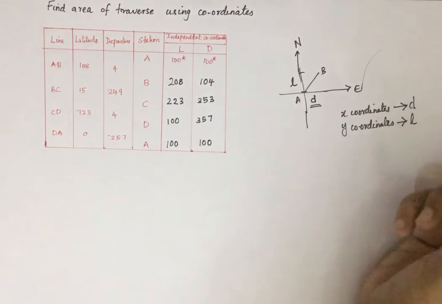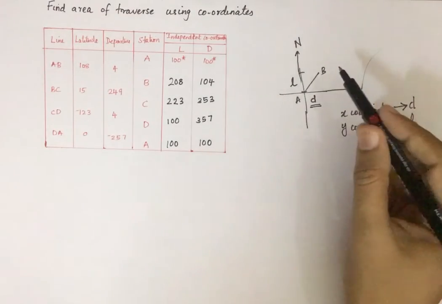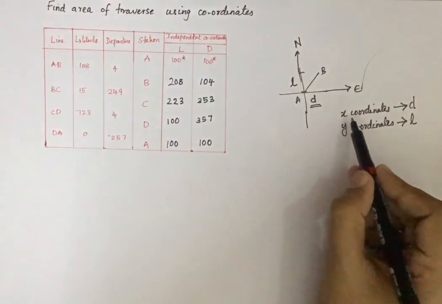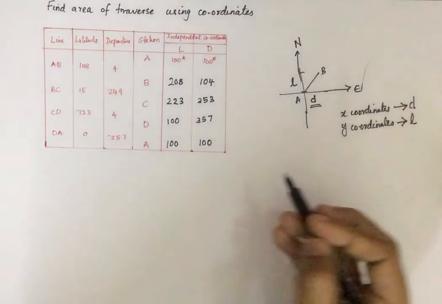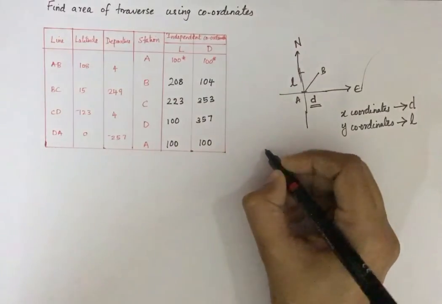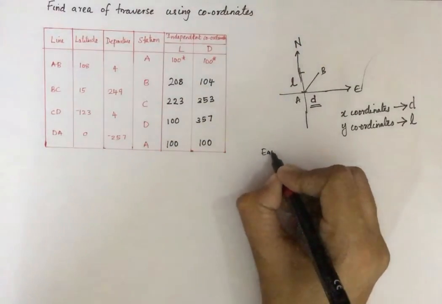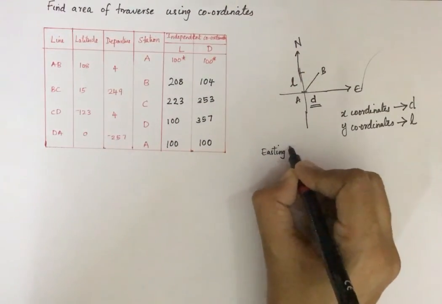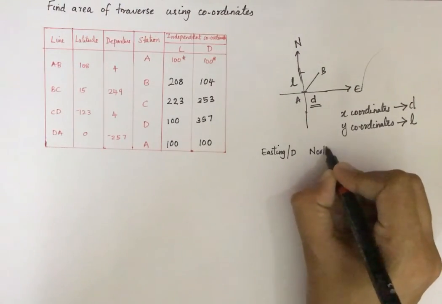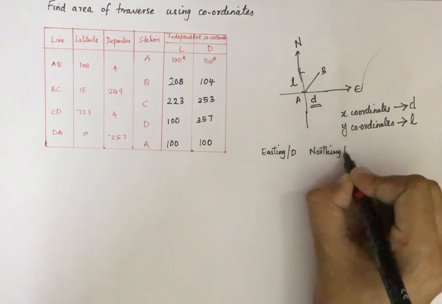Before going for the calculation, you should write what is the x coordinate and what is the y coordinate. So I am going to write x coordinate and y coordinate here. Easting or departure, northing or latitude.